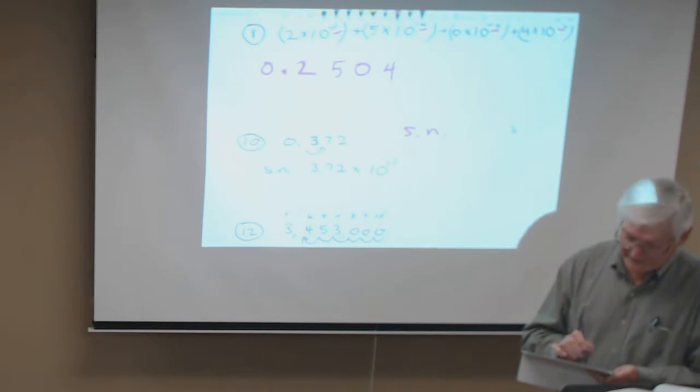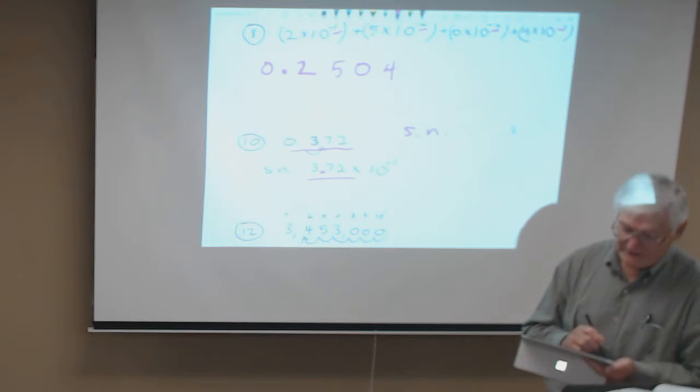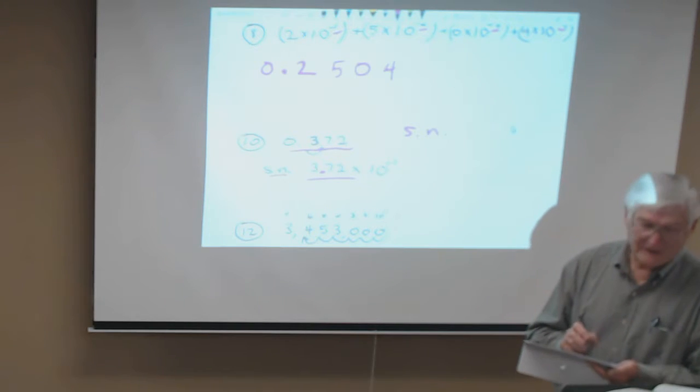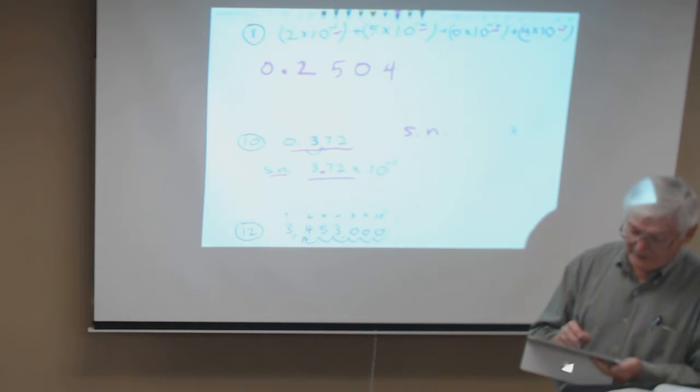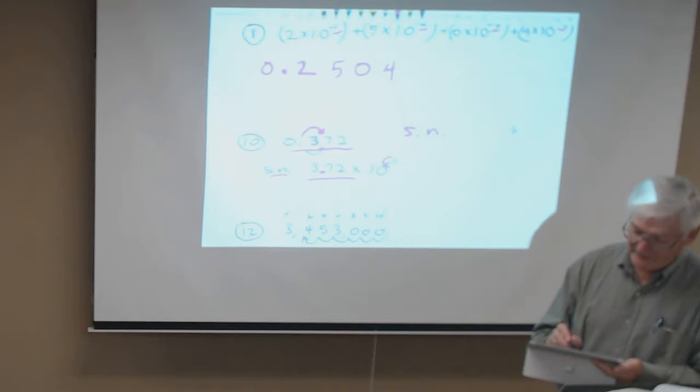So if I'm going to take this number and make it a number greater than 1, I'm going to put the decimal point here, and I have 3.72. That's scientific notation. That's the first part of it. Then, what did I do to get the decimal point from here to here? I moved it one place to the right, which means that's times 10 to the -1.